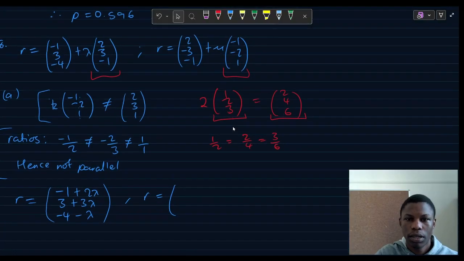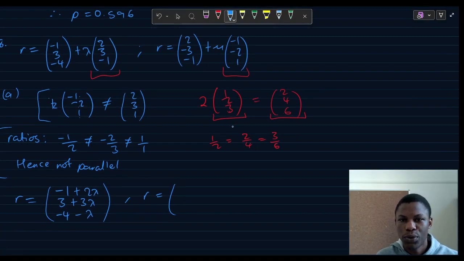And we'll do the same for the other line. We've got 2 plus mu times -1, that's 2 minus mu. -3 plus mu times -2, that's -3 minus 2 mu. -1 plus mu times 1, that's -1 plus mu.